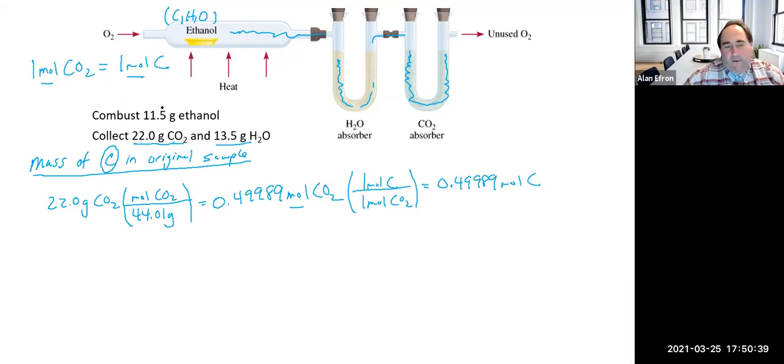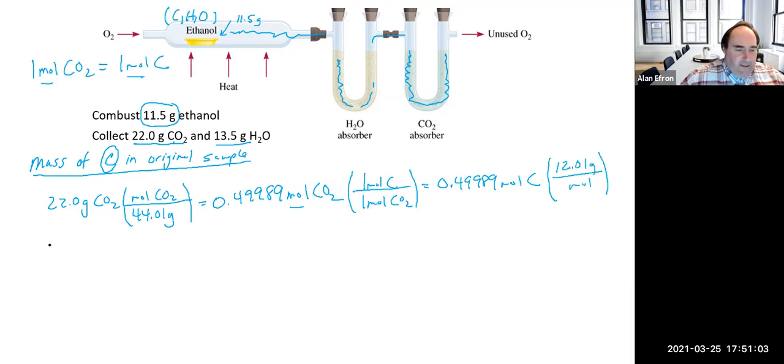Now, we need the grams of carbon to figure out how much of this original 11.5 gram sample was made up of carbon. To do that, we go to the periodic table and look up the molar mass of carbon, which is 12.01 grams per mole.